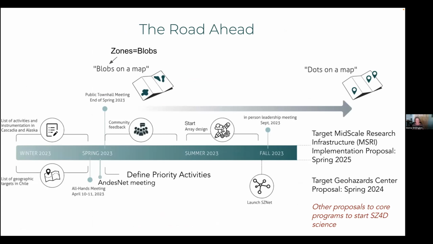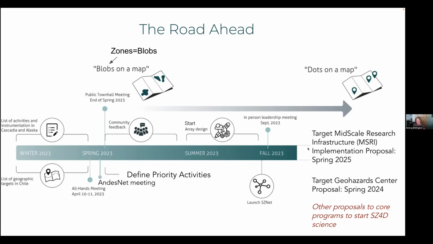And the road forward is that SZ4D as an organization is trying to map out a way towards proposals for infrastructure to fund the design and implementation of those ambitious arrays, and also targeting proposals to seek funding that would help us to continue to have mechanisms to bring the community together and to do science together. And so those are listed here.